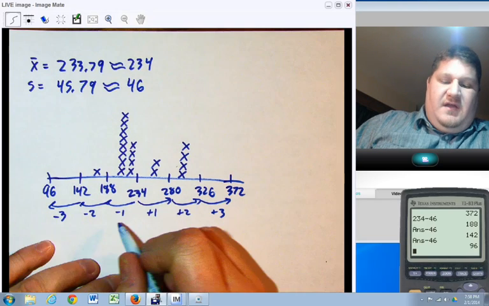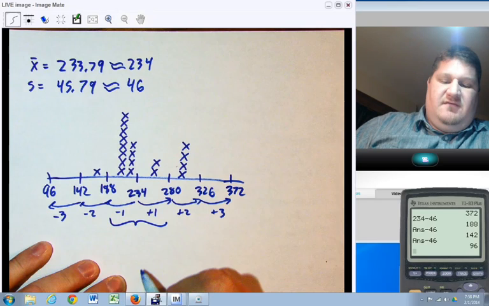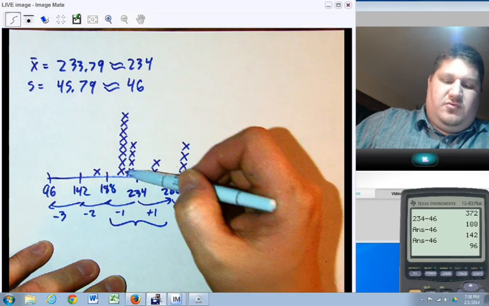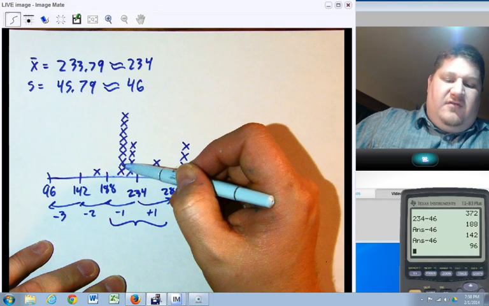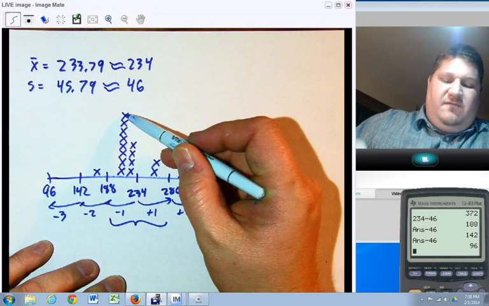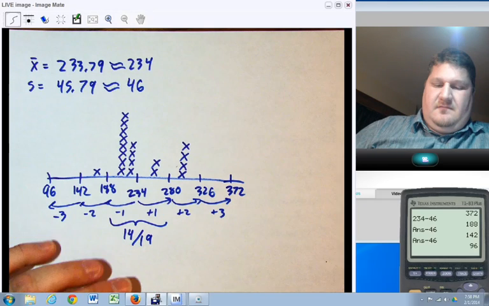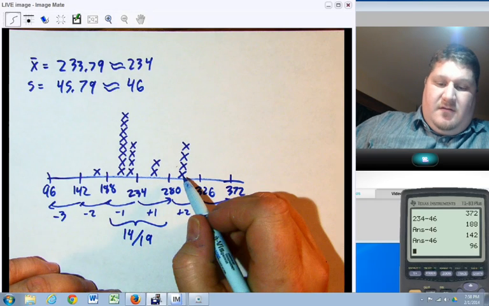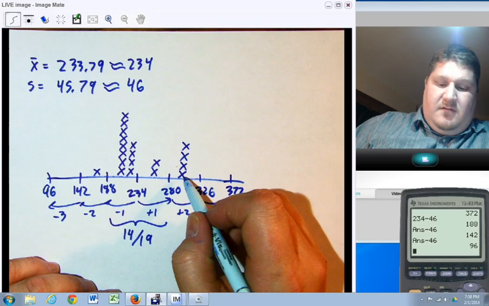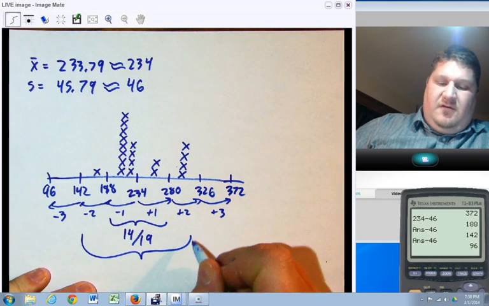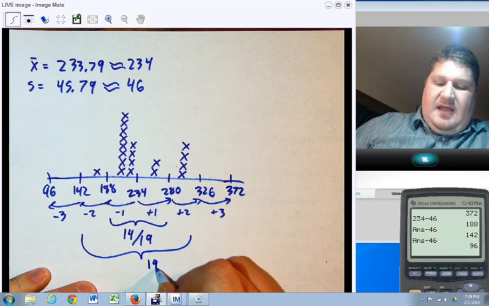Now, within plus or minus 1 standard deviation, we expect to see 68%. We end up with 1, 2, 3, 4, 5, 6, 7, 8, 9, 10, 11, 12, 13, 14 out of 19. And that would leave, between plus or minus 2 standard deviations, 19 out of 19.